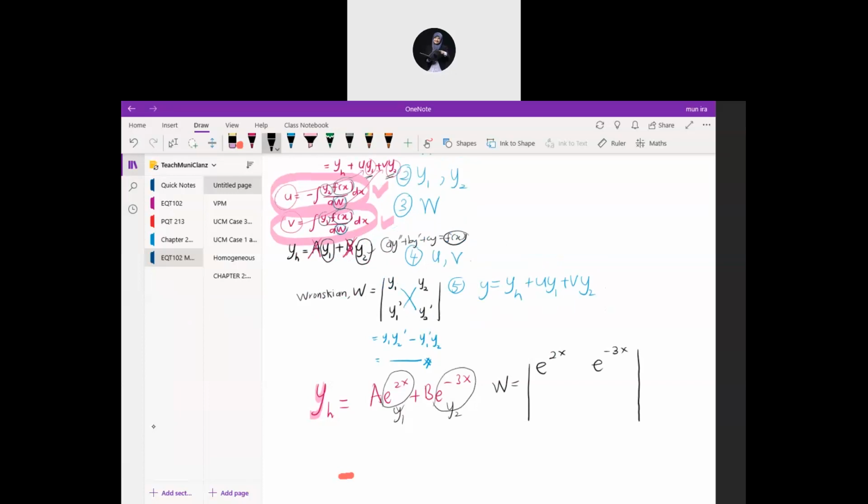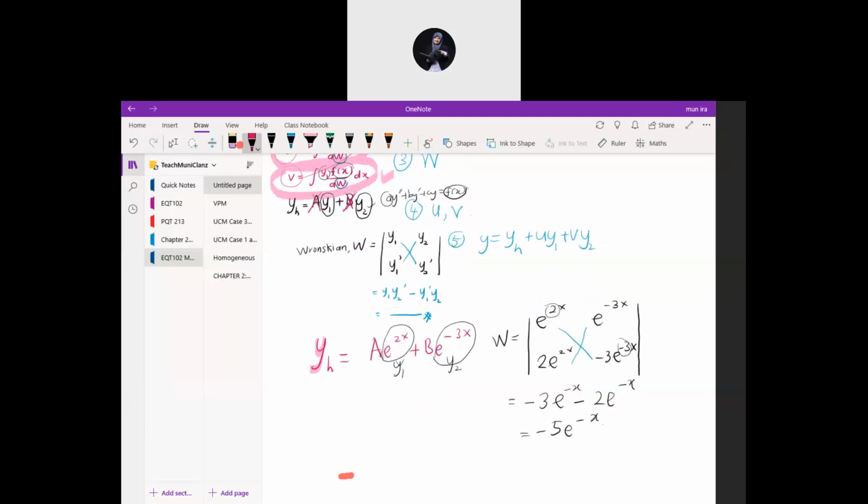Just put Y1 and Y2, and below them are the first derivatives, so you have 2e^2x and -3e^(-3x). Just write like that, then cross. This one times this one, you have -3e^(-x). Then minus this one, so you have minus 2e^(-x). So we have -5e^(-x).